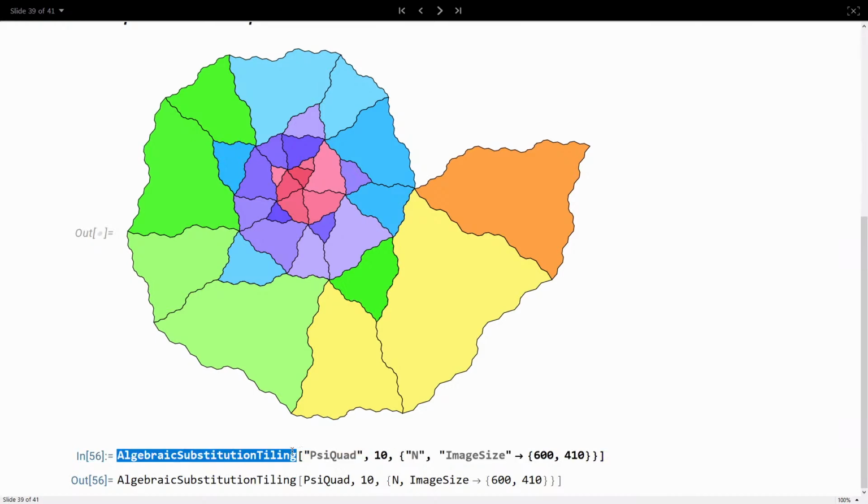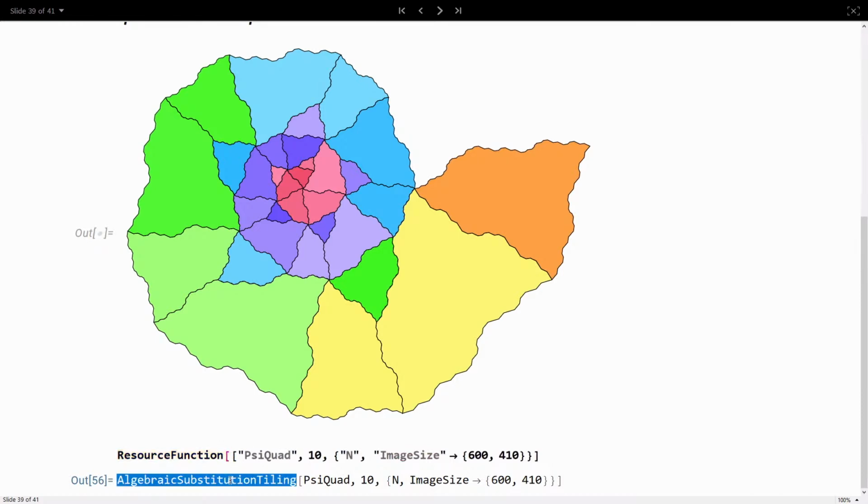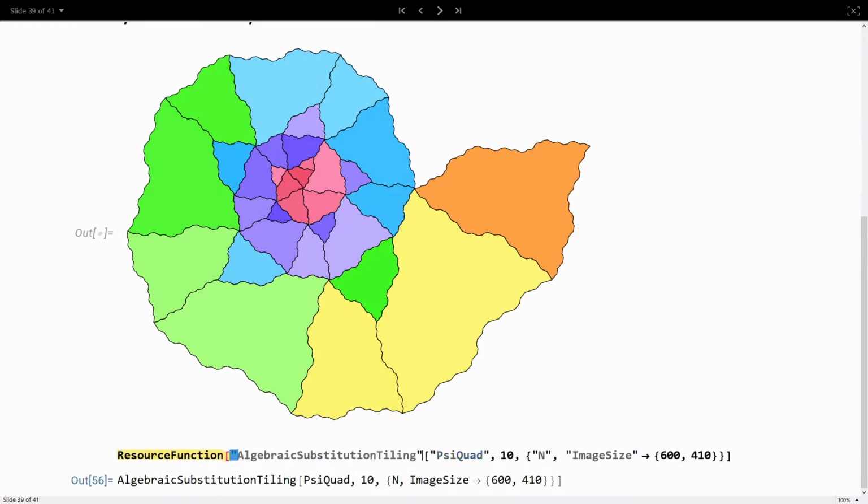Oh, we'll just use the resource function. Let's see if that works.